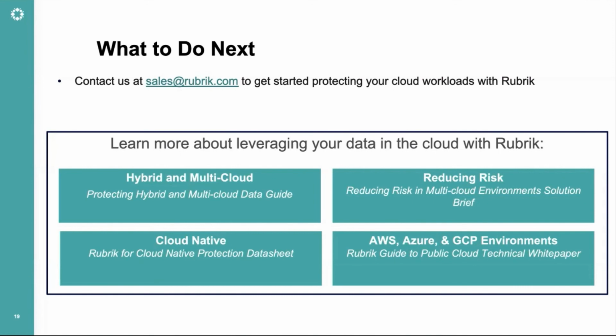And then we often, locally in every region, have events. We work with channel partners. You'll see stuff at Microsoft events and AWS events, where you can interact with us and learn more. So check out our website. There's tons of information there, and even some trial software you can download and play around with to get used to Rubrik. Awesome. All right.